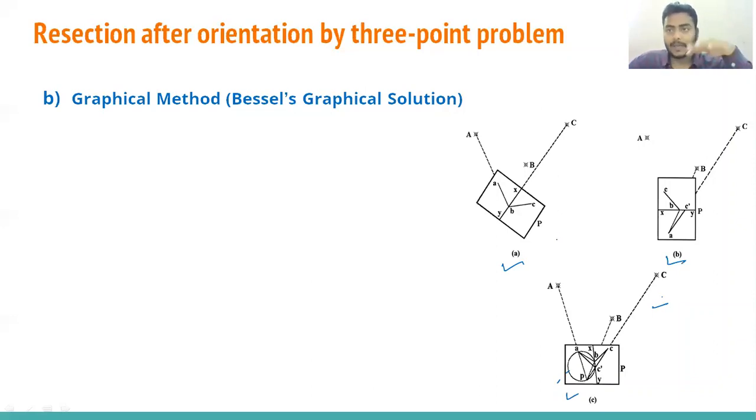Keep the plane table at station P, and then roughly do the orientation by eye. Once it is done, keep the alidade along the AB line and sight A. Then clamp the table.